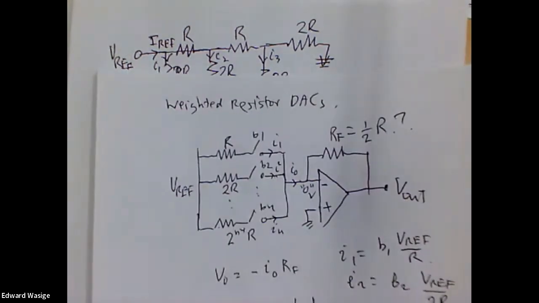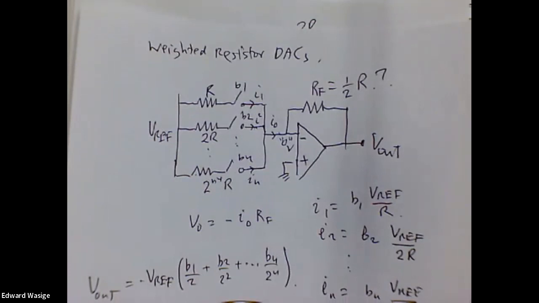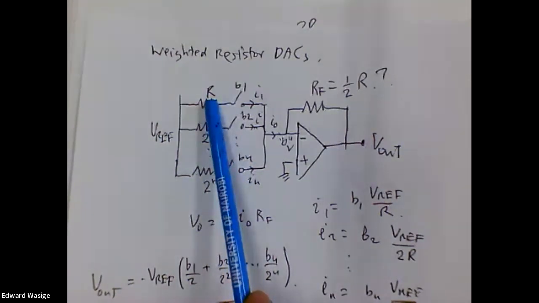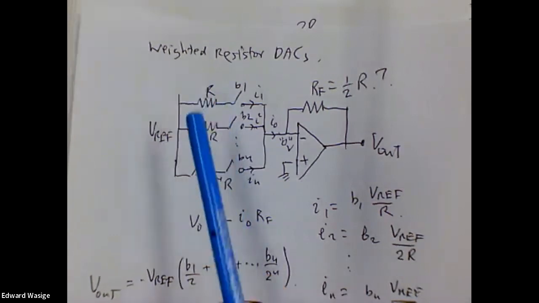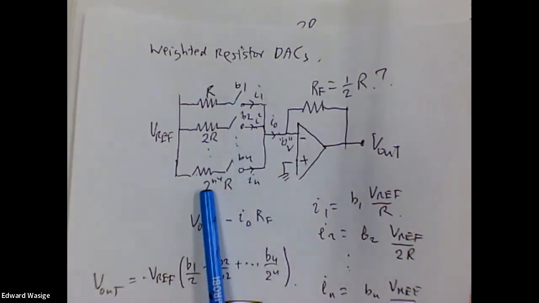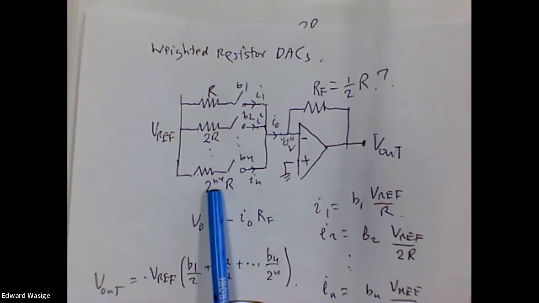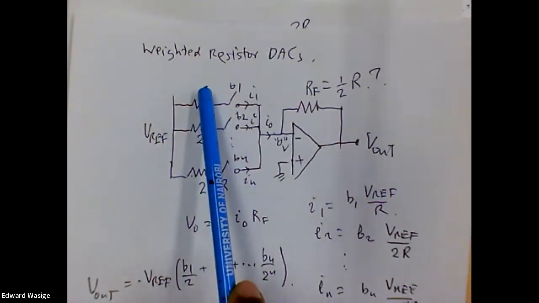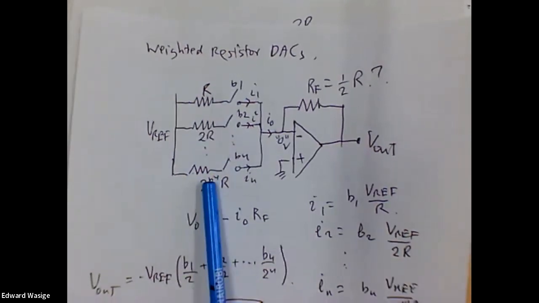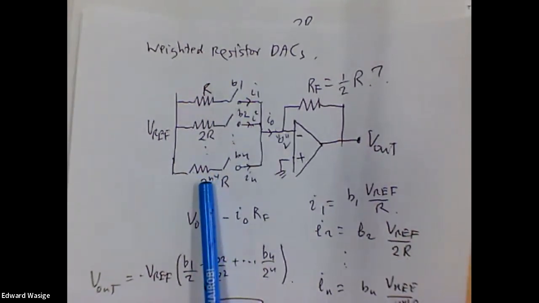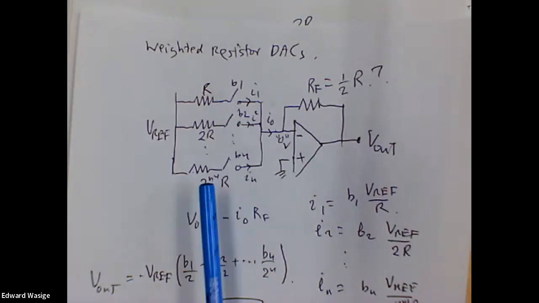If we compare this circuit to the earlier weighted resistor DAC, here the range of the resistors is pretty large. So if this is R, for 3-bit, this will be 4 times bigger. If it's 8-bit, the range of the smallest resistor to the largest resistor is quite large. And from your lab, you should have an appreciation of when you lay out these devices, the chip area that they take.